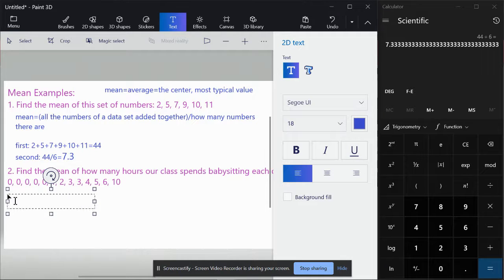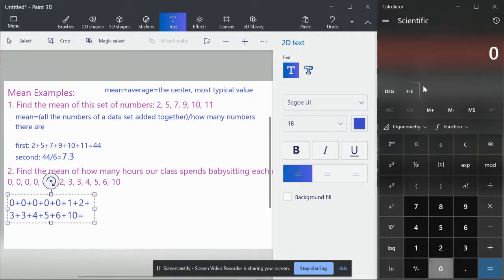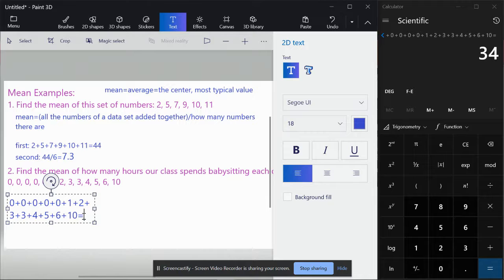So, we're going to do 0 plus 0 plus 0 plus 0 plus 0 plus 1 plus 2 plus 3 plus 3 plus 4 plus 5 plus 6 plus 10. That gives us 34. Okay.